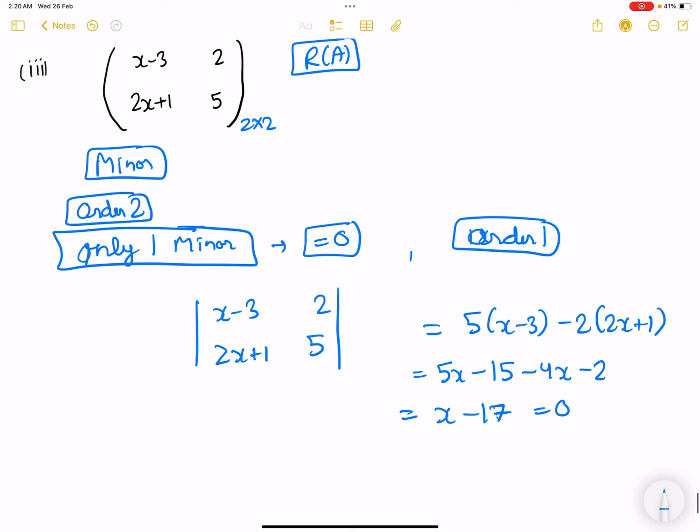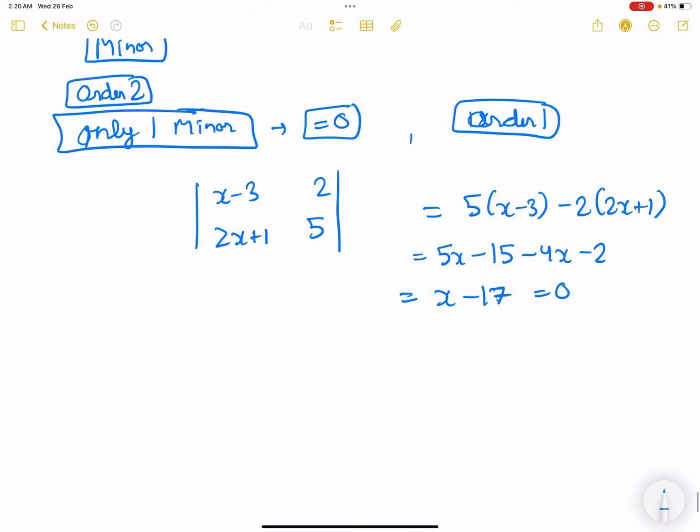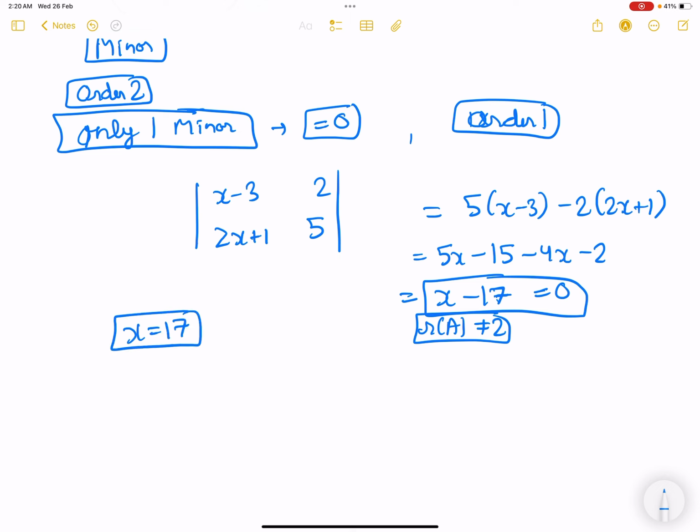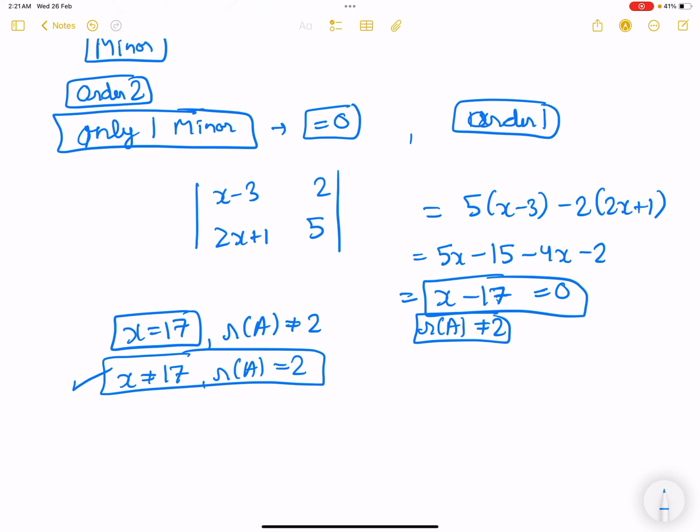And if this is 0, then the rank of A is not equal to 2. It is 0 when x equals 17. So when x is 17, rank of A is not equal to 2. But when x is not equal to 17, rank of A is 2. I hope this is clear.